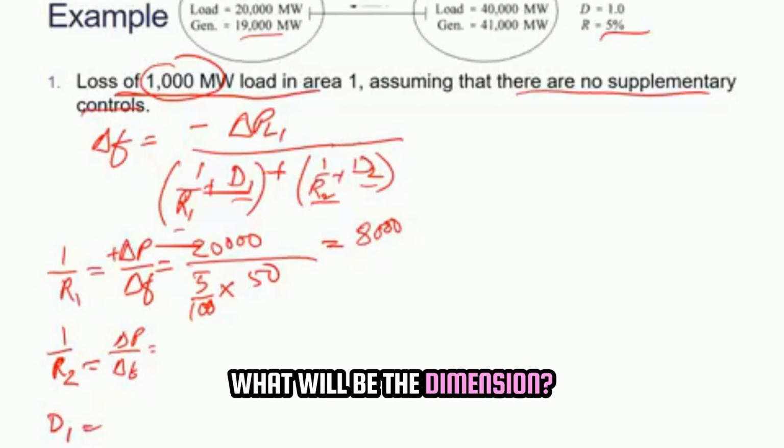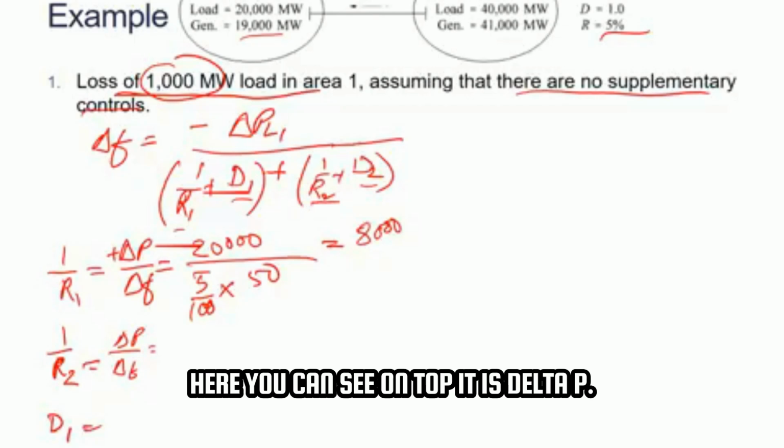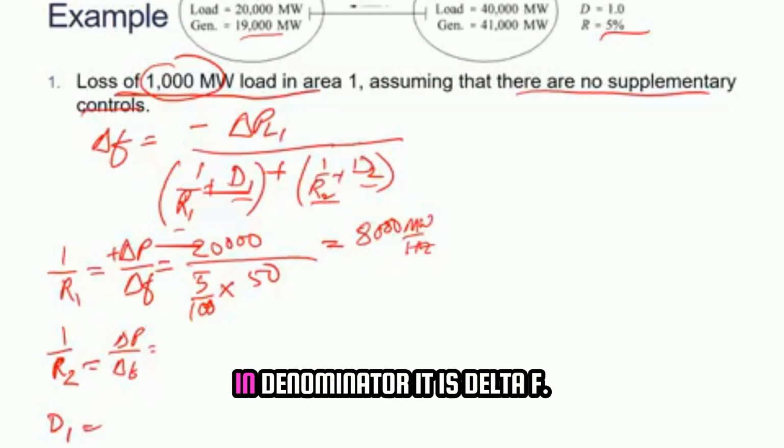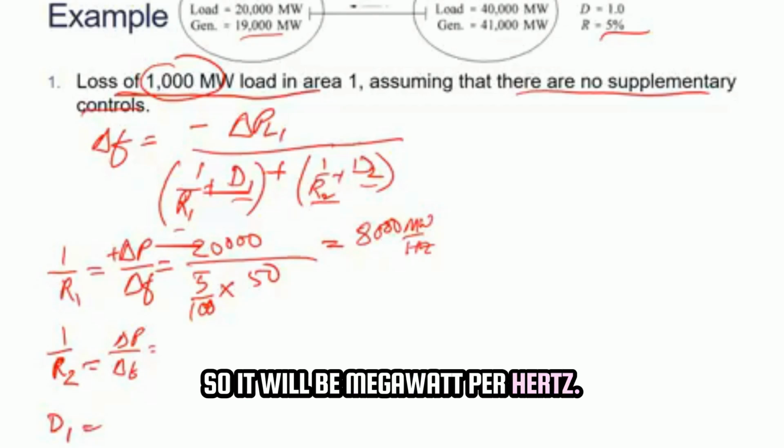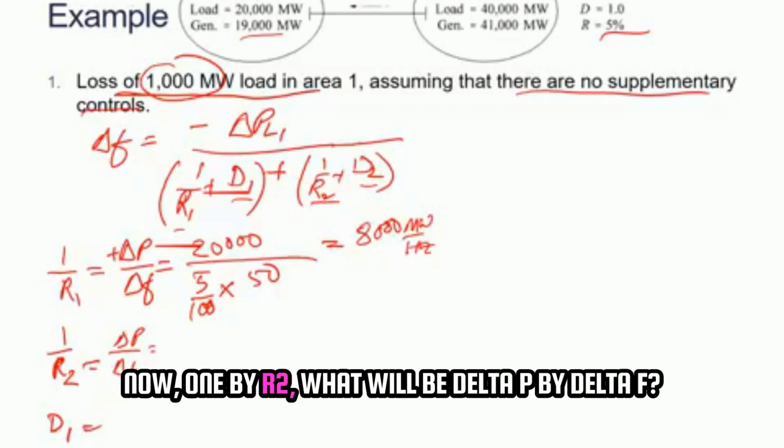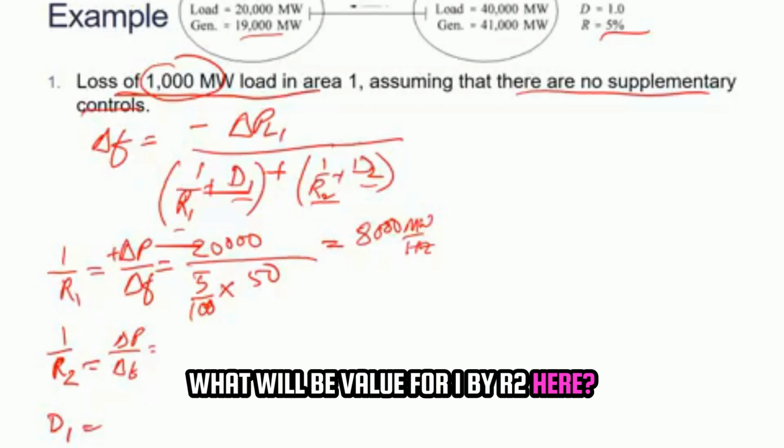What will be the dimension here? You can see on top it is delta P, in the denominator it is delta F, so it will be megawatt per hertz. Now 1 by R2, what will be delta P by delta F? What will be the value for 1 by R2 here?